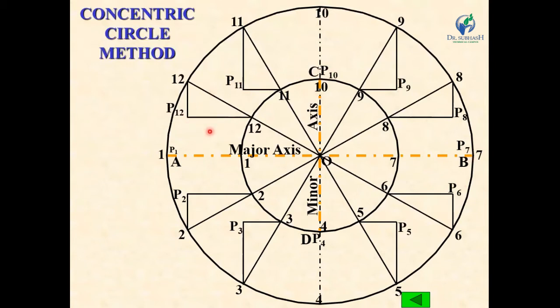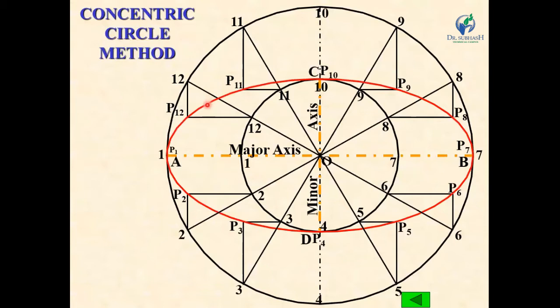Remember that you have to draw vertical lines from the outer circle's points and horizontal lines from the inner circle's points. The intersection points of these horizontal and vertical lines are the points of the ellipse. Now join all these points P1, P2, P3 up to P12 by a smooth curve.